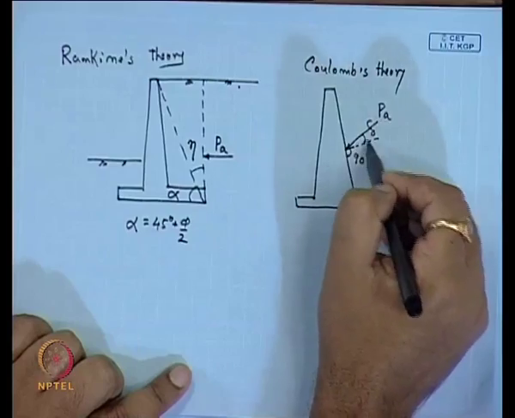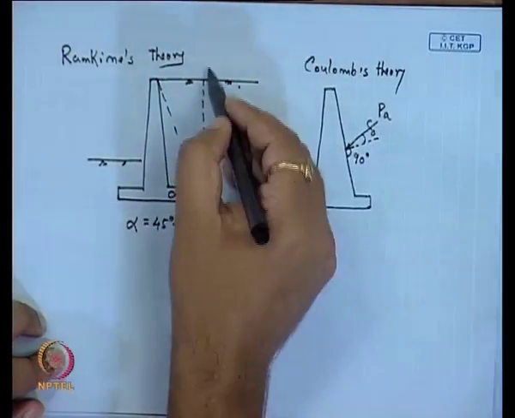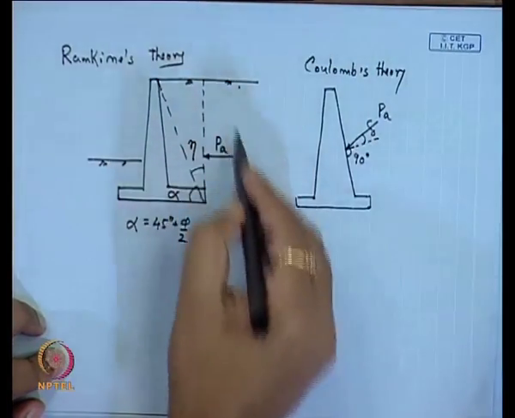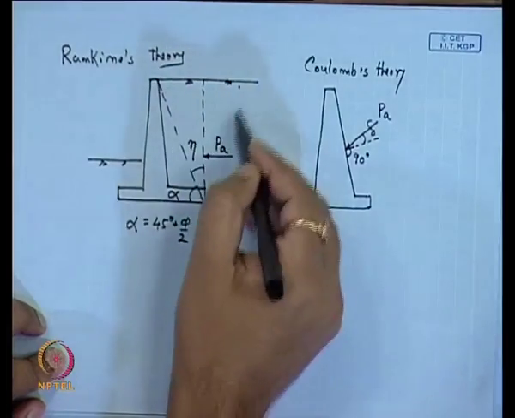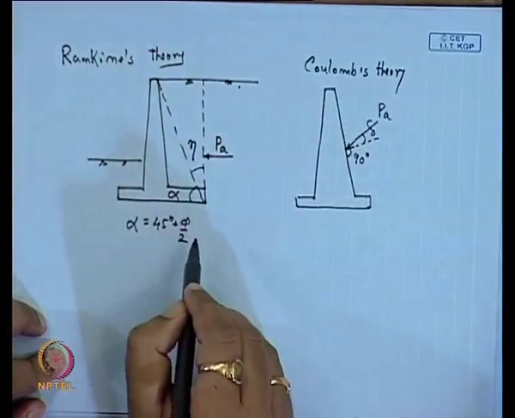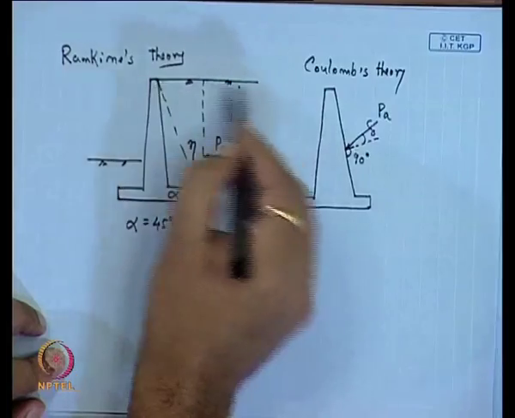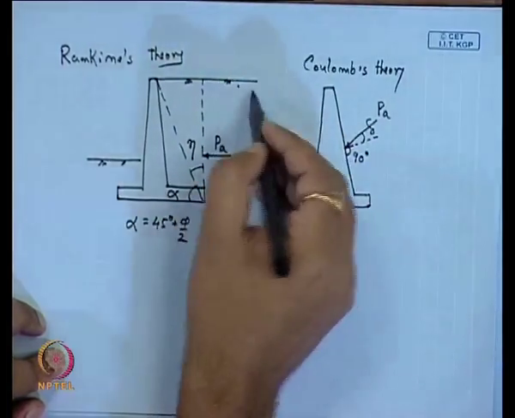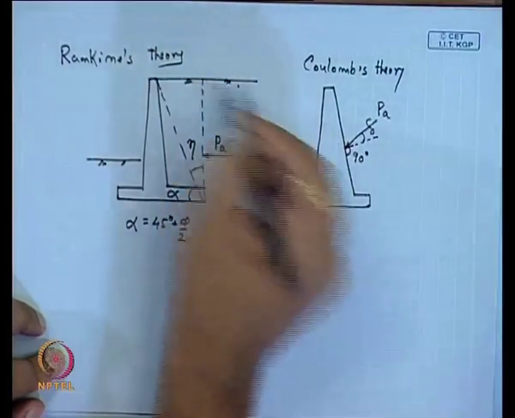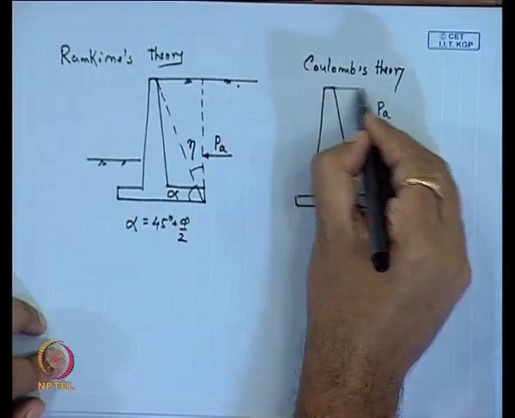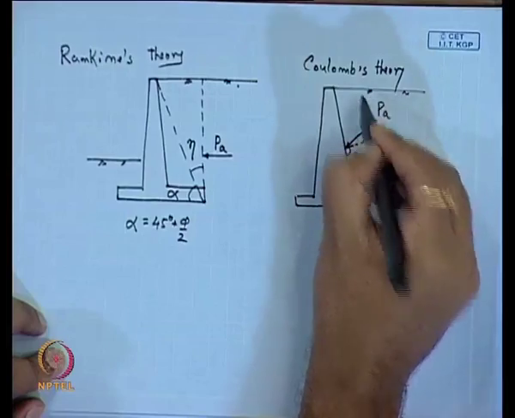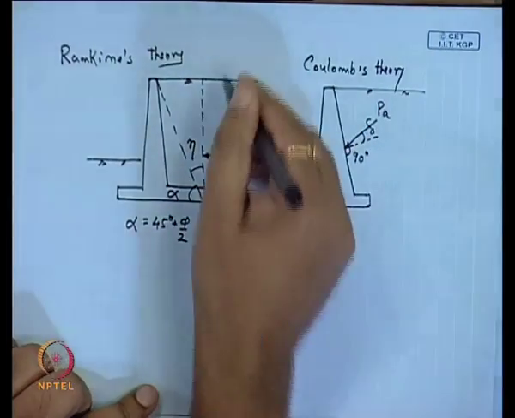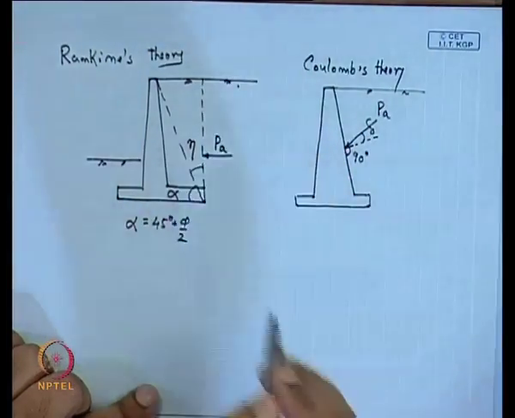Whereas in case of Rankine's theory, it will act parallel to the backfill surface. If the angle is I, then it will act with an angle of I, otherwise it will act parallel to the ground surface.